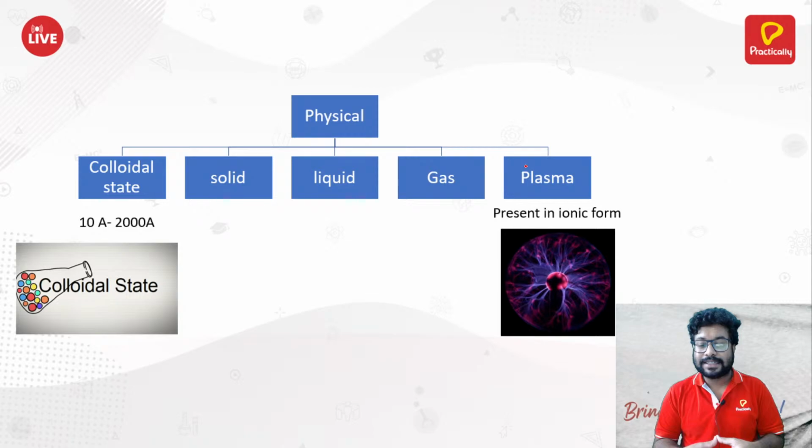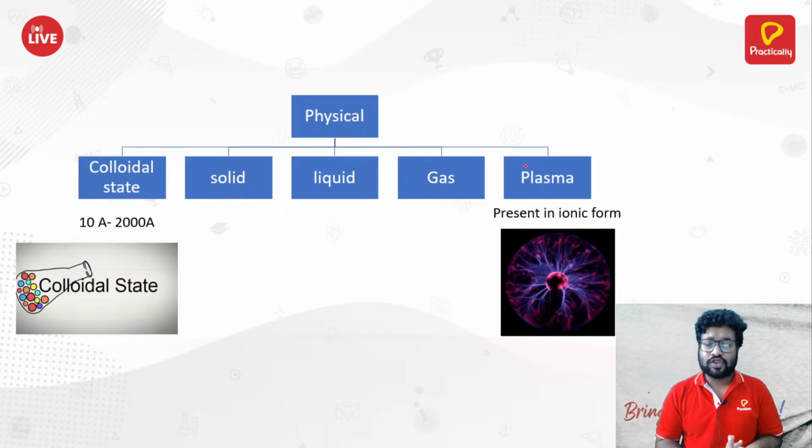Examples of solids: the table, salt, sugar. Liquids: water, alcohol, oil. Gases: hydrogen, nitrogen, oxygen, CO2; we know these, right? Then the very new thing you are going to know here is the colloidal state. What is the colloidal state?